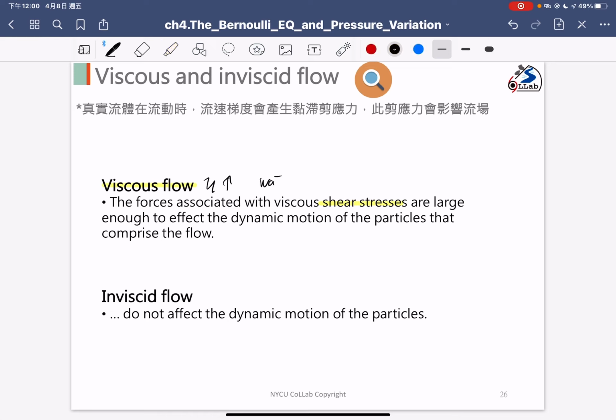For water, the mu is quite small. So if our problem's liquid is water, sometimes we neglect the viscosity effect. So we call that inviscid flow. That means there is no viscosity effect, so no shear stress inside our problem.